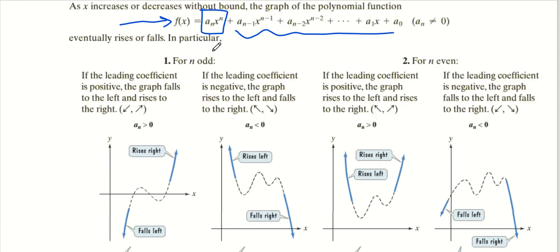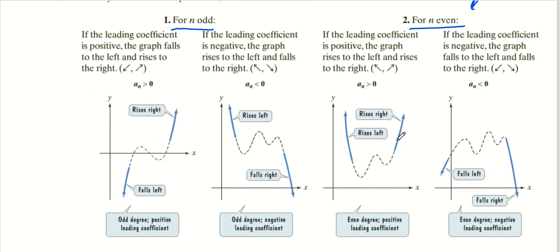But the end behavior is entirely determined by the leading term, and this is what's called the leading coefficient test. We have two cases, first of all, whether the leading exponent is odd or even. And let's start with the easier case first. If we have a leading power of x that is even, then the end behavior is consistent on both sides. Furthermore, if n is even, we need to consider the subcase about the sign of the leading coefficient.